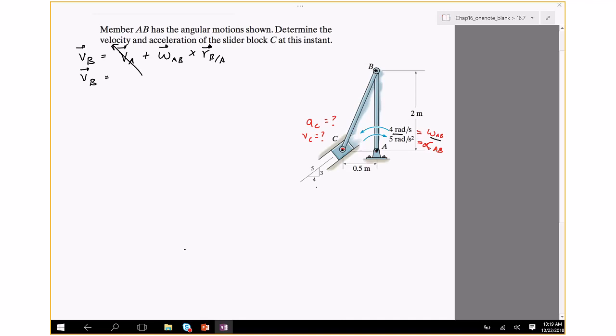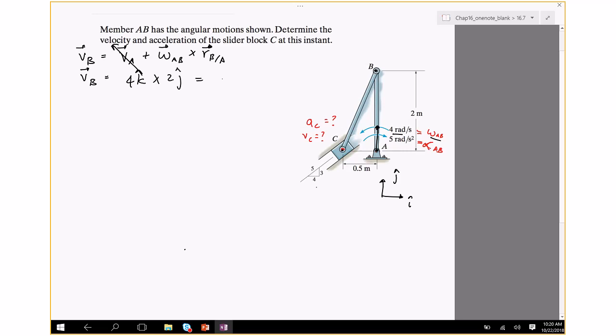When it's counterclockwise, it's positive 4k, so 4k crossed with the vector from A to B. I'm going to assume that i is horizontal, j is vertical, so A to B is going to be 2 times j.